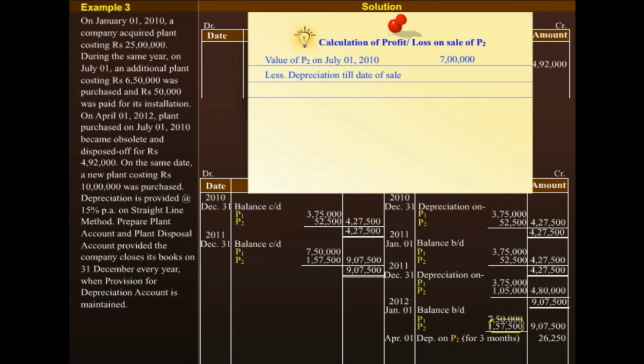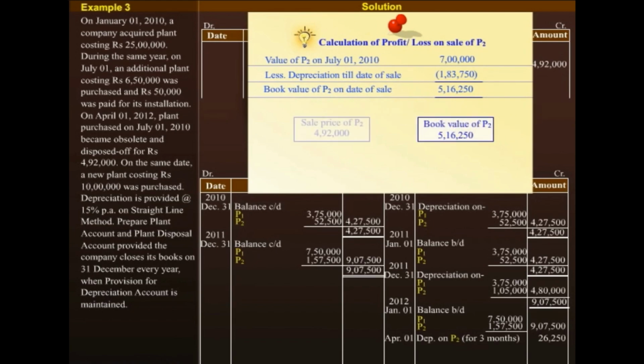It is the total of 1,57,500 and 26,250. That is 1,83,750. Deducting this figure from the book value of P2, we get 5,16,250. This is the book value of P2 at the time of sale.